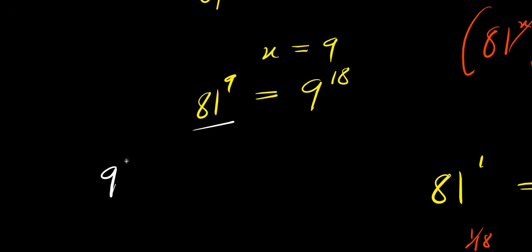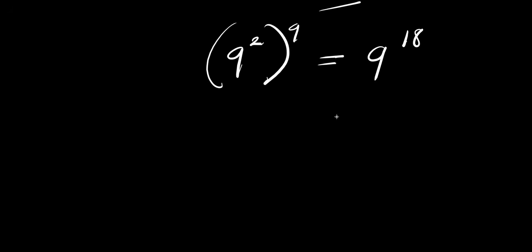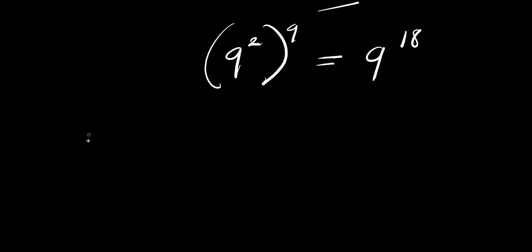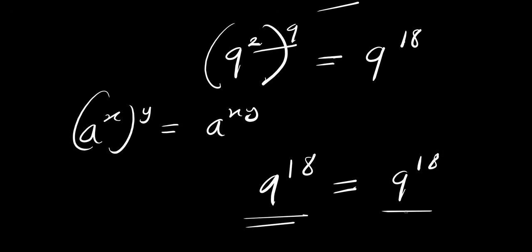So we have 81, which is a perfect square, which is 9 power 2. And this is raised to the power of 9 equals 9 power 18. And if you know a power x raised to the power of y equals a power x times y. So 2 times 9 is 18. We have 9 power 18 equals 9 power 18. This and this are the same.